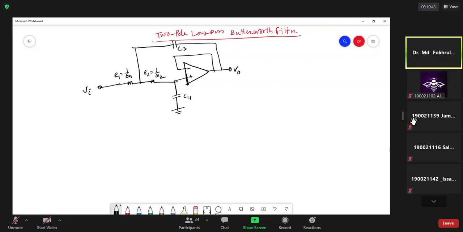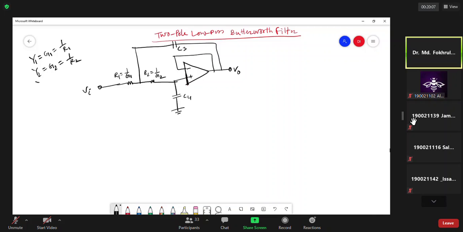So in order to get the low pass filter, we put Y1 equals G1 equals 1 by R1. Y2 equals G2 equals 1 by R2.